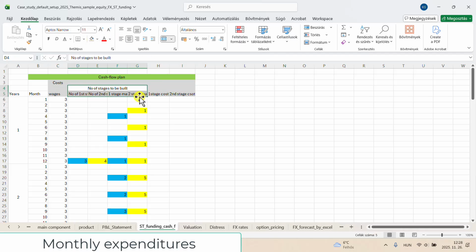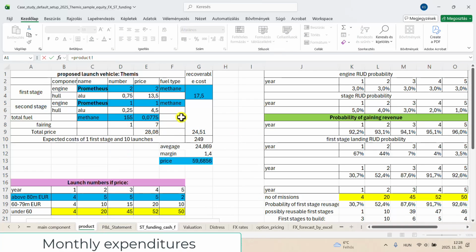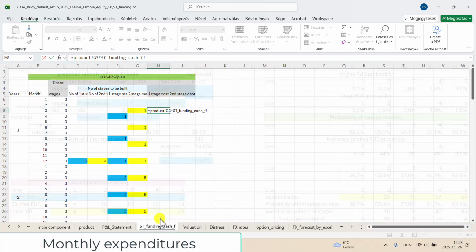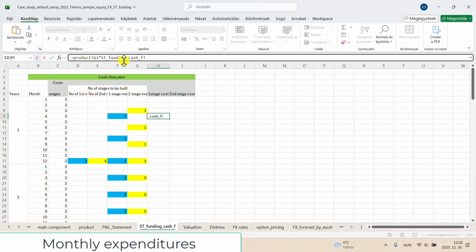So these were numbers, and these are the costs now linked to it. So first stage cost, product, this one multiplied by, okay, I'm in the wrong row, sorry. Since these costs are fixed, we don't have to care about this anymore.